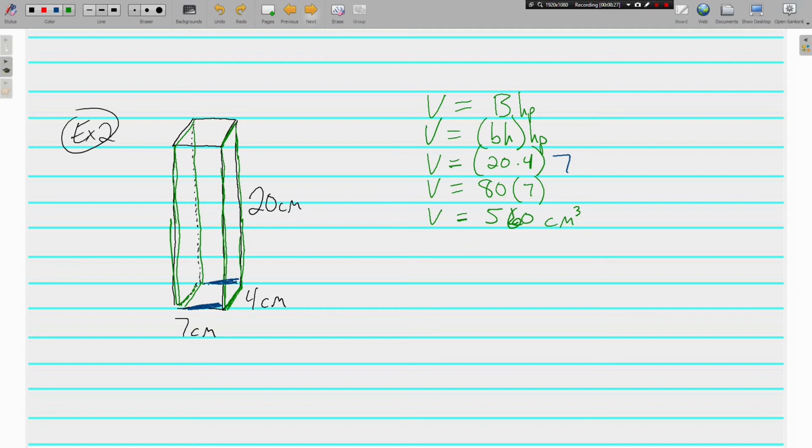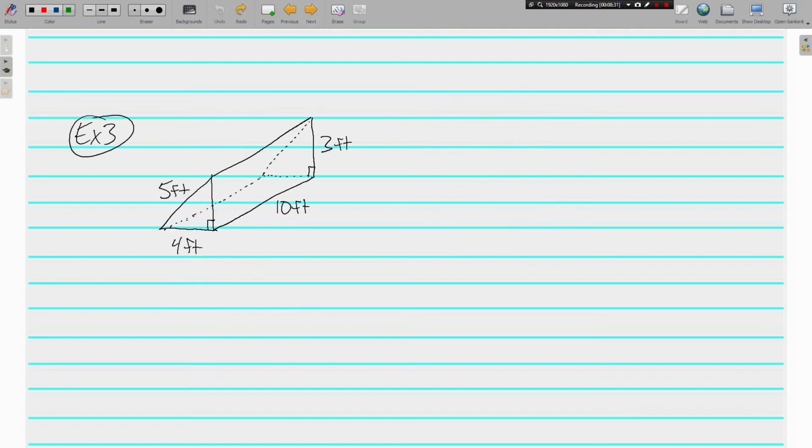Let's move on now to triangular prisms. These are a little different, obviously, because they are triangular and not rectangular, but we're still going to use the same initial formula. Area of the base times the height of the prism.